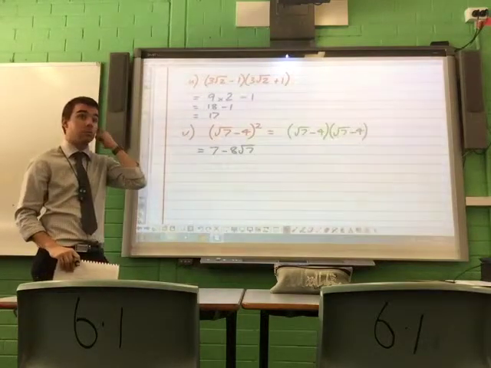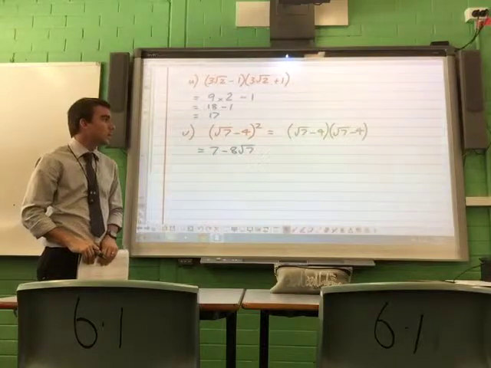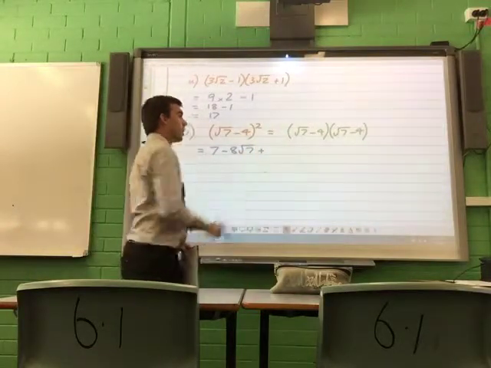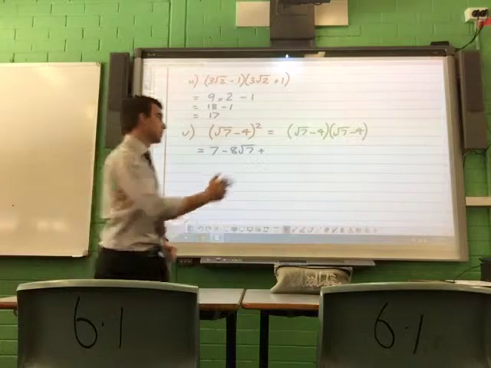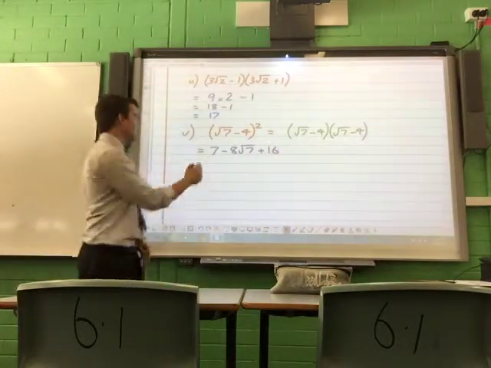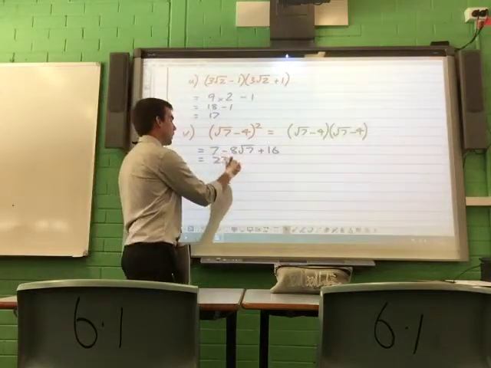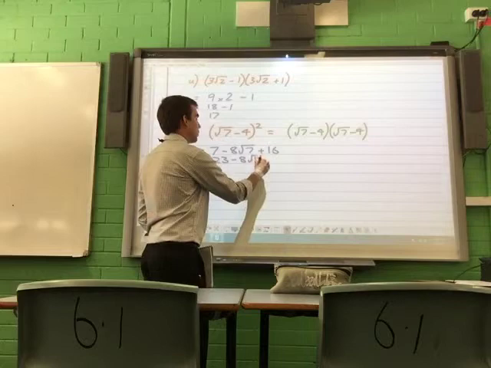Then the last term is always positive, so we have 4 squared, 16. And then simplify: 7 plus 16 is 23, so 23 minus 8 root 7.